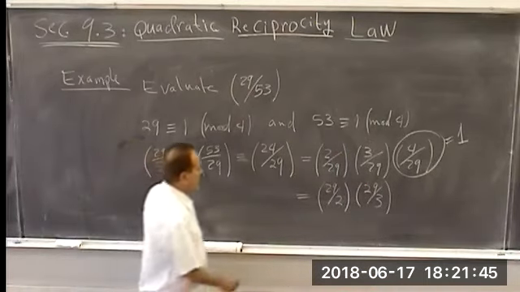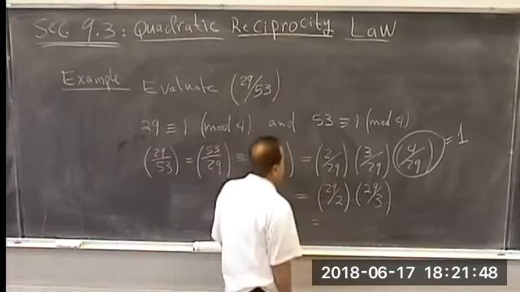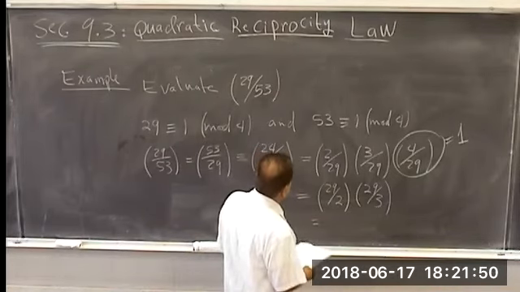And now 29 over 2, this one reduces by subtracting 28.